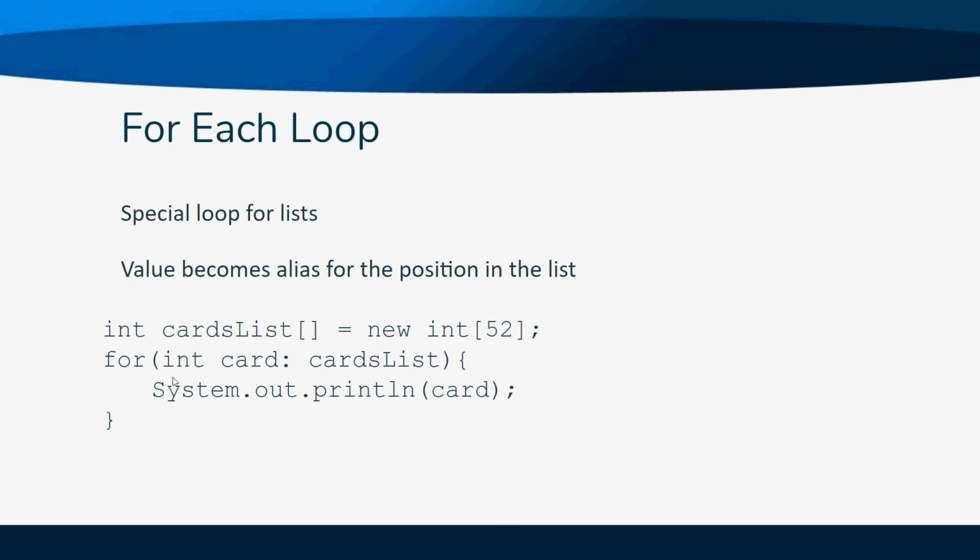In my for loop, I'm just going to say int card colon card list, and all that is doing is iterating through card list and setting card equal to each element in the list one at a time. This is called a for each loop because it just iterates through the list, and you can use it to print things out, you can use it to modify things. You just can't use it to add or remove items from your list.